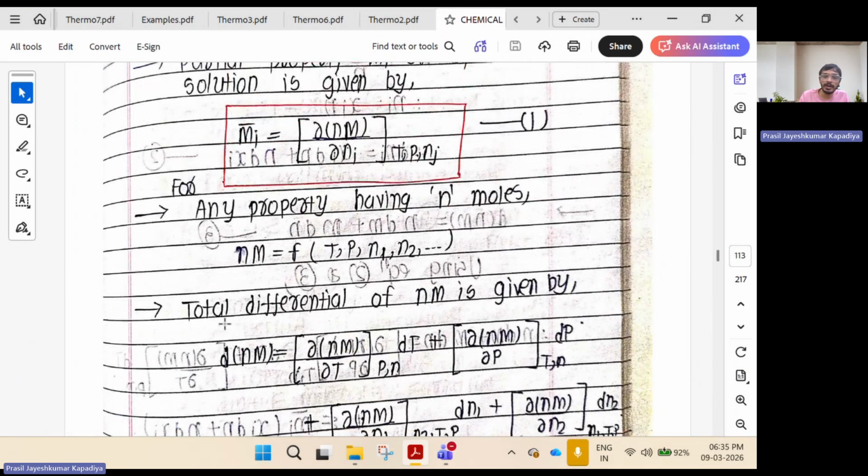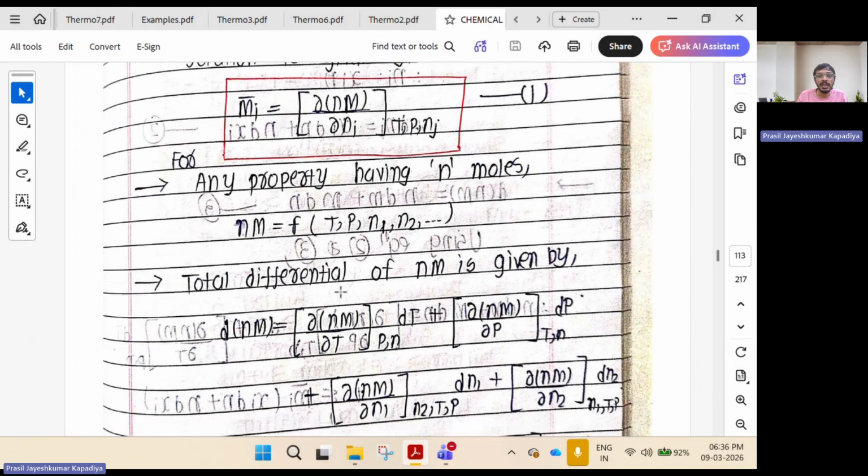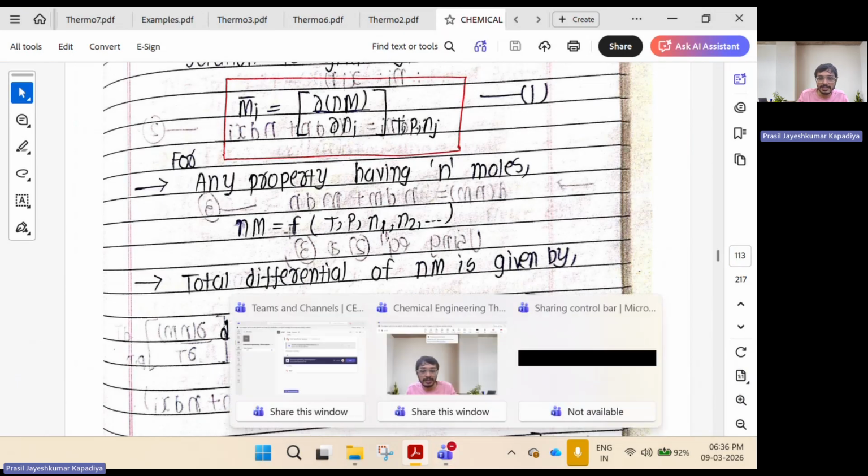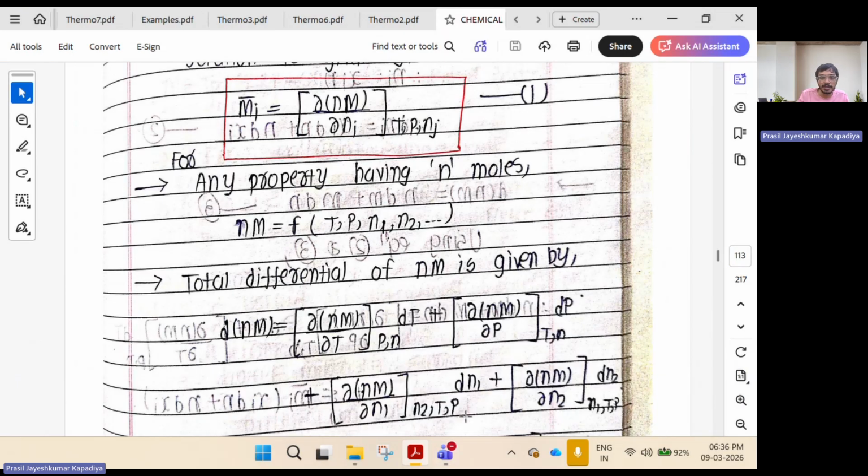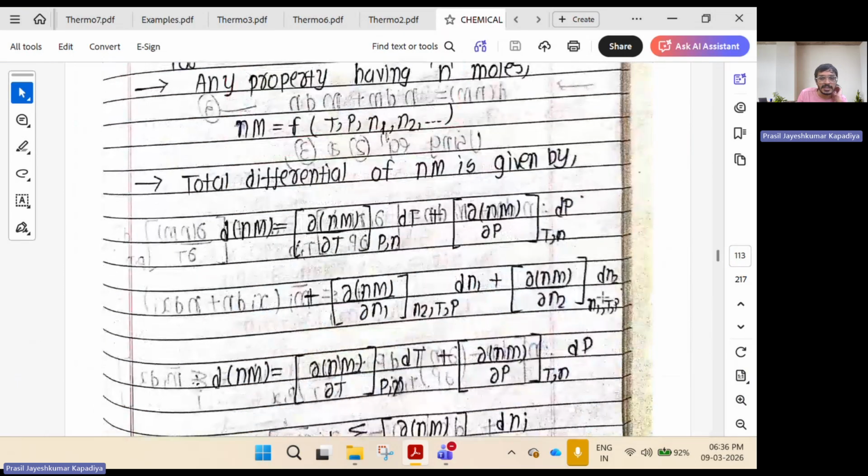So dnM is equal to del nM by del T dT, keeping p, n1, n2 constant, plus del nM del p, keeping T, n1, n2 constant, into dp, plus del nM del n1, keeping, now I am varying n1, so n1 can't be kept constant. It is as simple as that. So I will be varying temperature, pressure, and n2, dn1, plus del nM by del n2, keeping temperature, pressure and n1 constant, other component constant, dn2. So this is the simple relation.